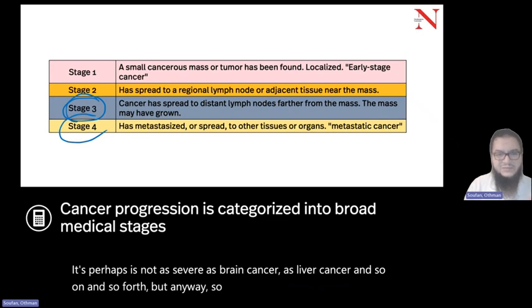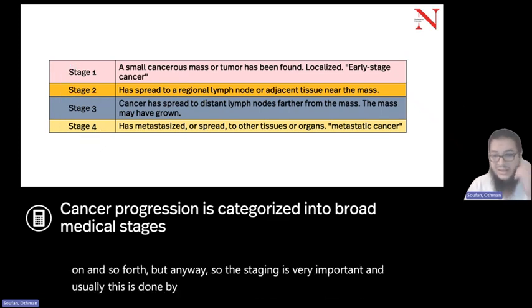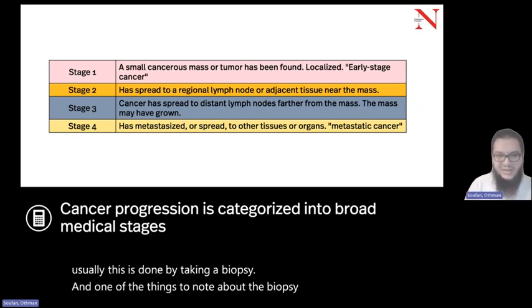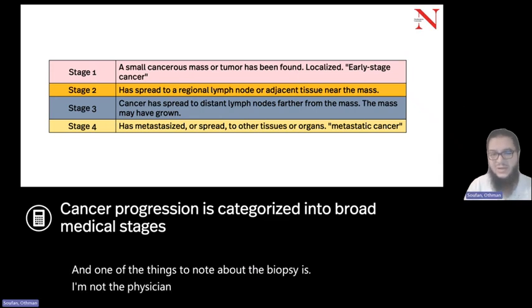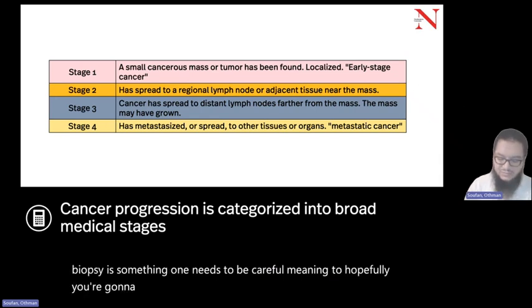the staging is very important, and usually this is done by taking a biopsy. And one of the things to note about the biopsy is, I'm not the physician in this, but it seems that taking a biopsy is something one needs to be careful about, meaning hopefully you're going to start the process of treatment soon.